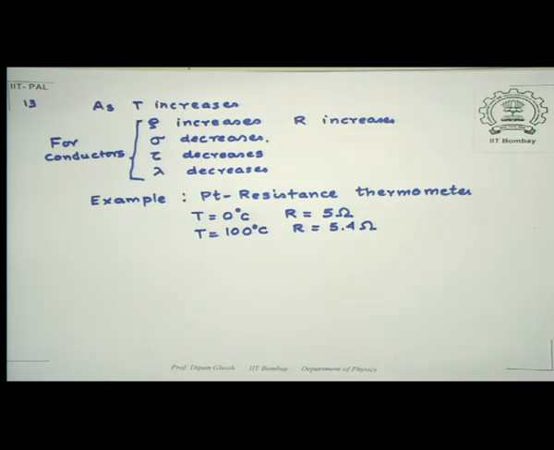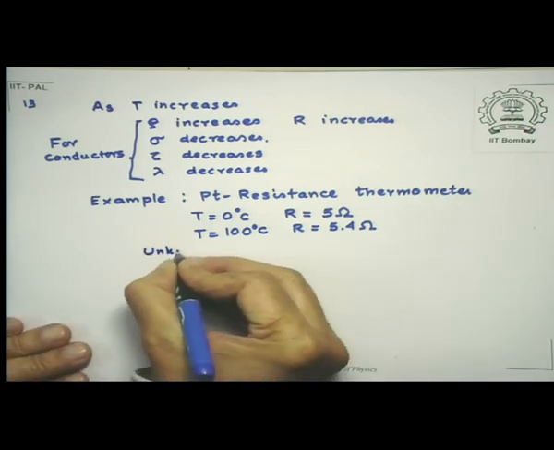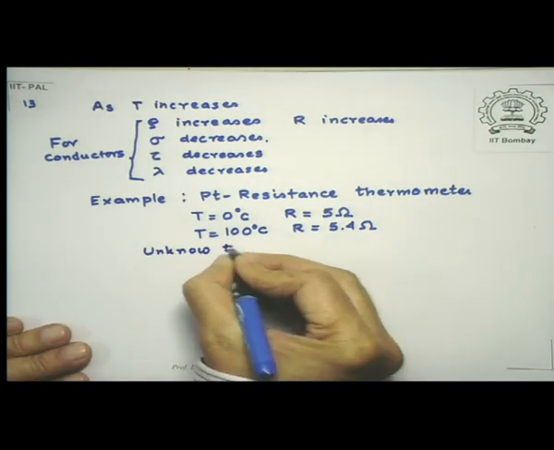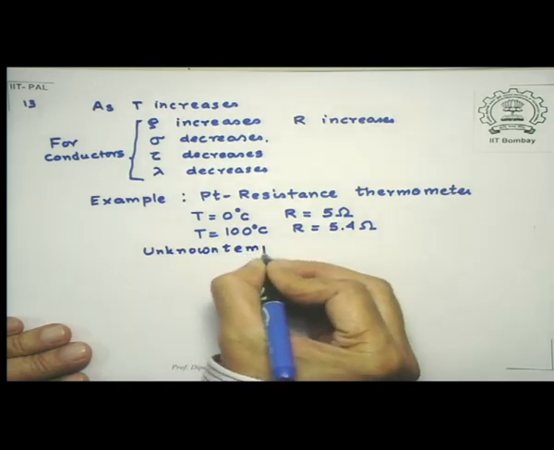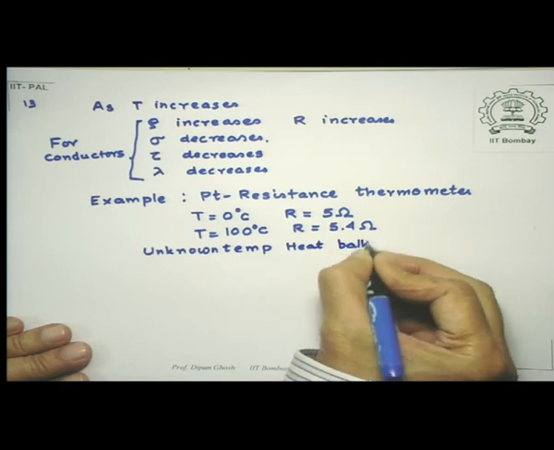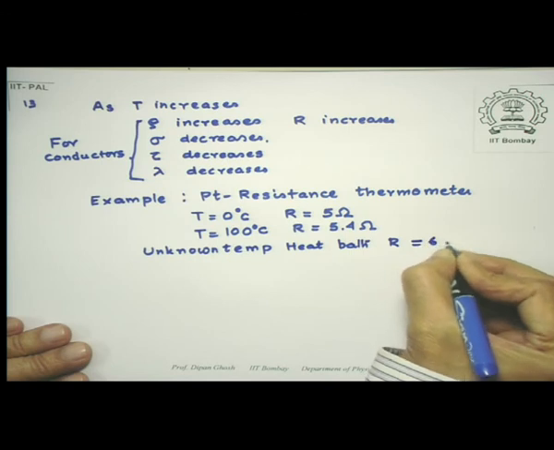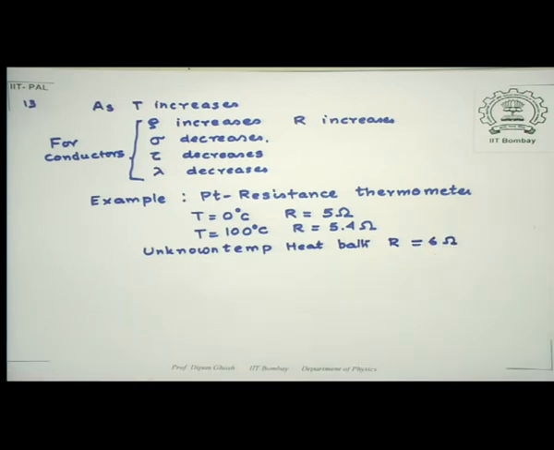And when the same thermometer is put in a heat bath of unknown temperature, the resistance becomes 6 ohms. The question is, what is the temperature of this heat bath?